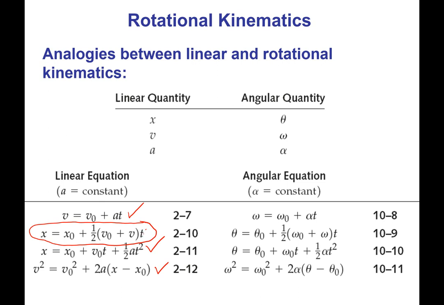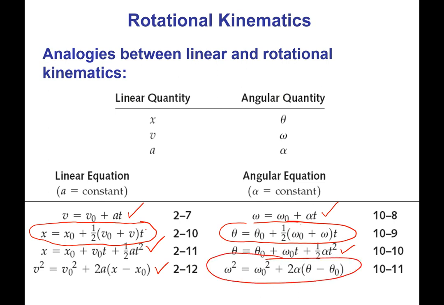You can get this one by combining the last two, so they tend to not put that one on the formula chart. So for rotation, this one's on the formula chart, this one's on the formula chart, and these two are not on the formula chart.